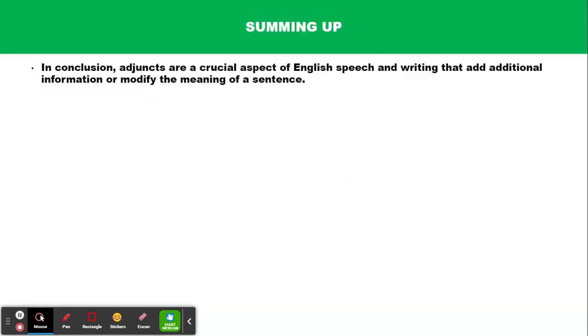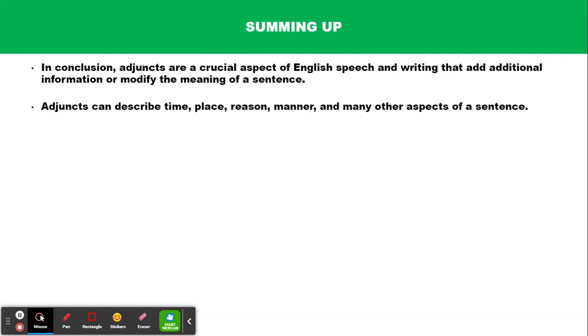In conclusion, adjuncts are a crucial aspect of English speech and writing that add additional information or modify the meaning of a sentence. So if you are asked what is an adjunct or what are adjuncts, adjuncts are a crucial aspect of English speech and writing that add additional information or modify the meaning of a sentence.